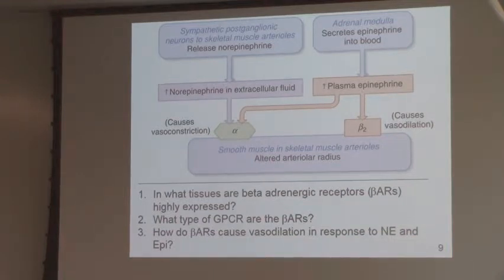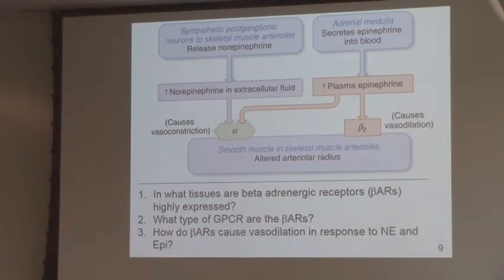Beta adrenergic receptors are coupled to Gs. And now your brain should be off and running on the molecular details of the activation of Gs, all the way down to increase in cyclic AMP, activation of PKA, etc. Now it gets tricky. But you know the answer.